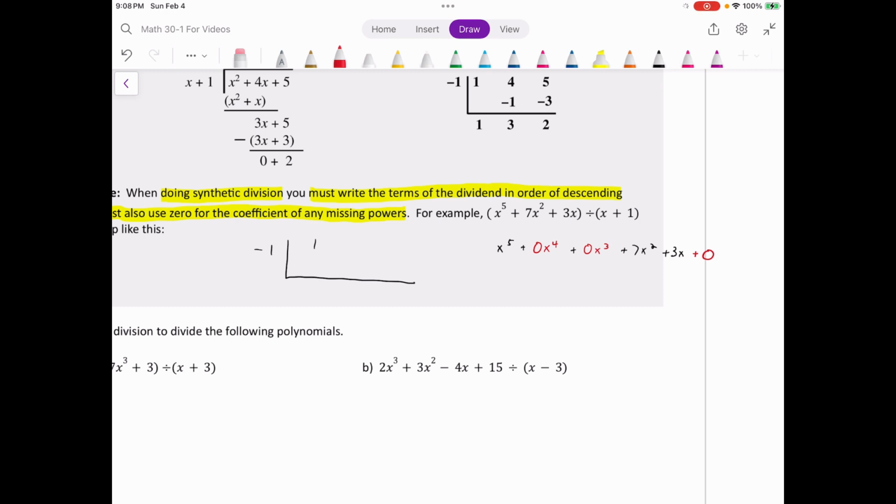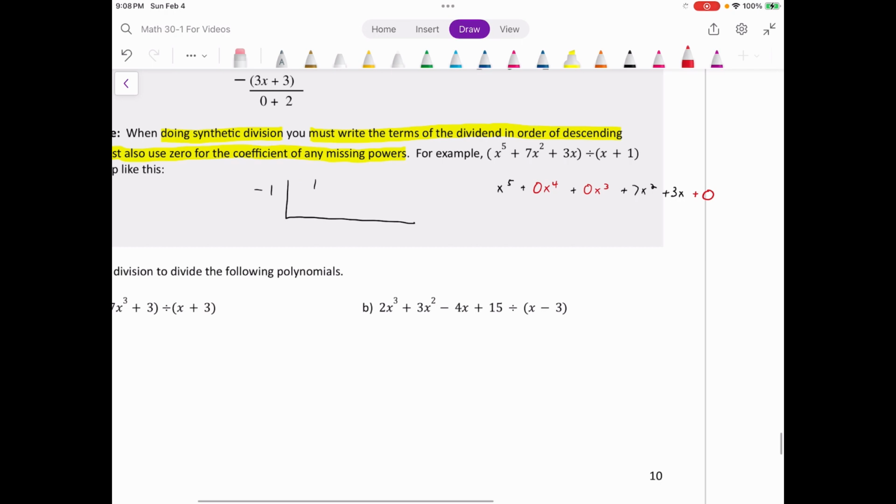So see what I mean? This is missing an x to the 4th, an x to the 3rd, and a constant term. Okay, the synthetic division algorithm doesn't work when we have left terms out. It just assumes, based on how many you wrote there, that's every exponent, every term, okay? So it won't know that this is supposed to be x to the 5th, unless we tell it by putting in those zeros.